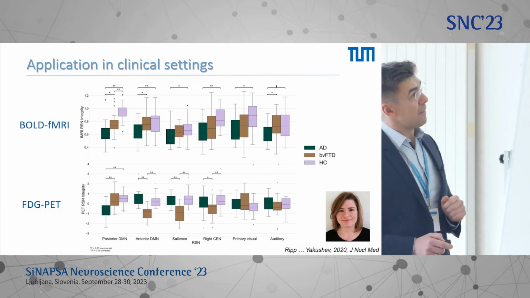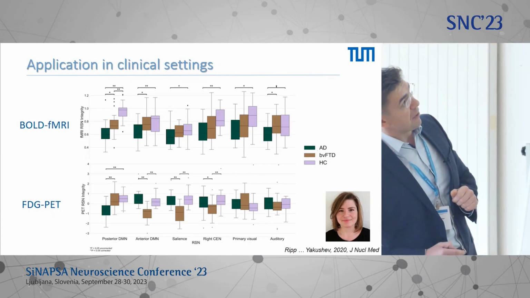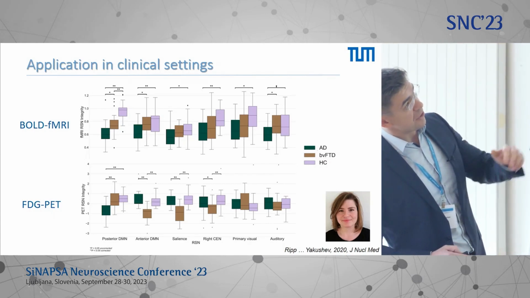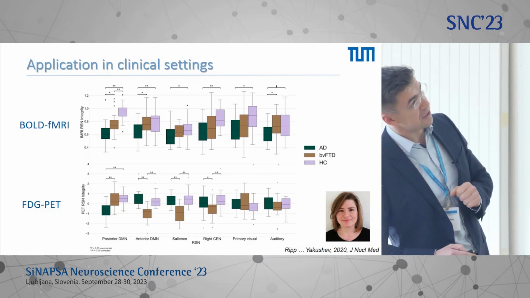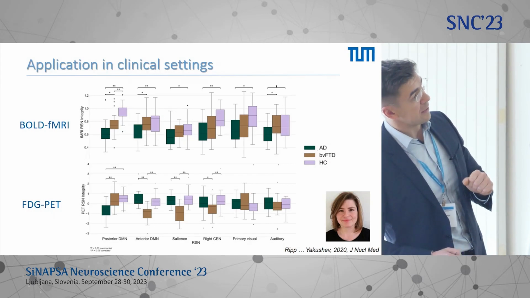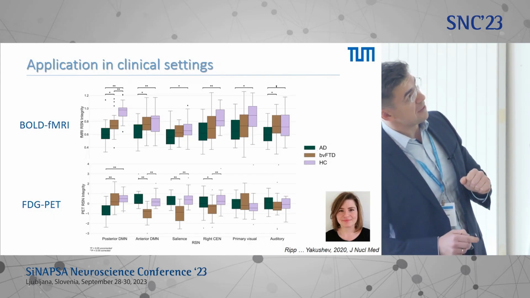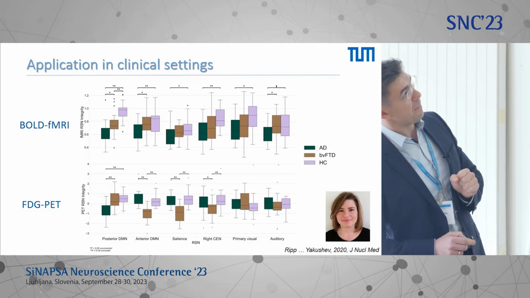And as you see, in the fMRI data, there was a sort of general decrease in functional connectivity across all resting state networks. So not limited to cognitive networks, only the posterior default mode network demonstrated a difference between healthy controls and patients.